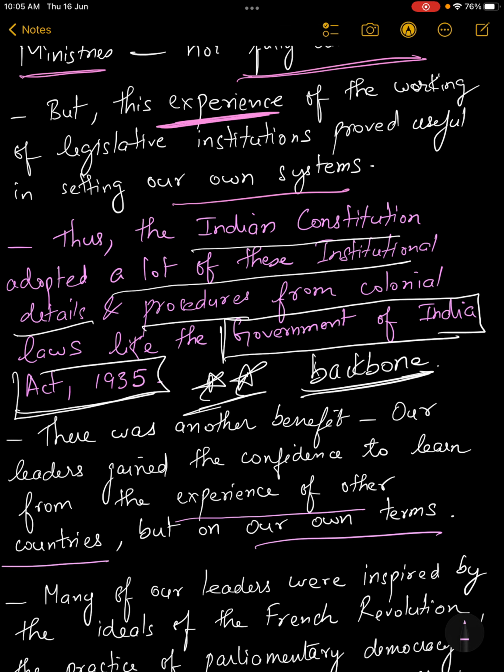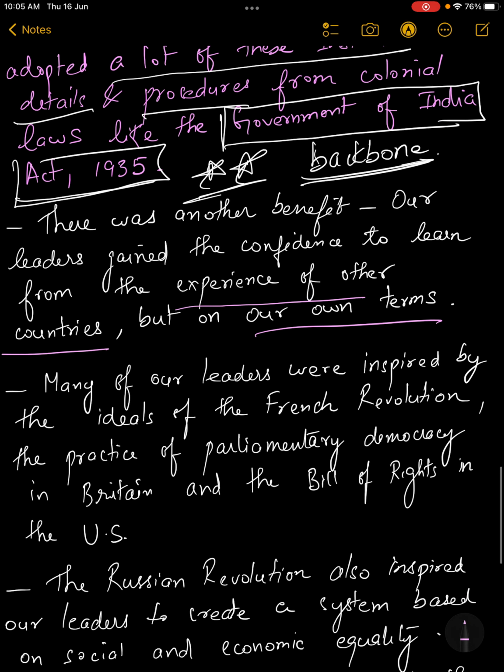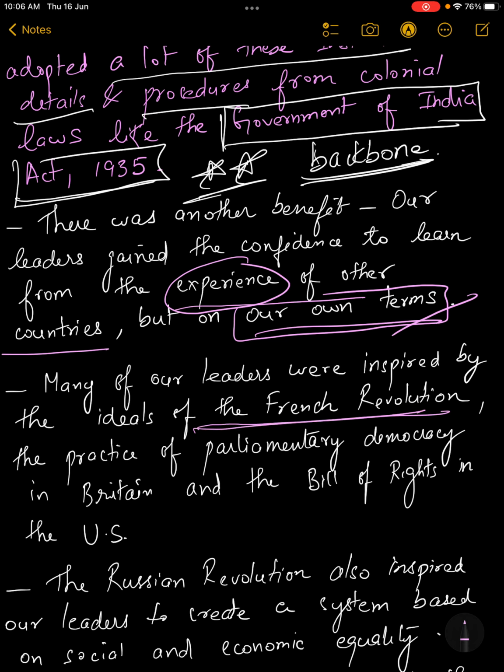but we have modified it based on my explanation. You can see there are a lot of things that have been borrowed, but we have learnt from the experience of other nations. We have seen what has worked for them. We have seen what has not worked for them, and we have borrowed them on our own terms. We have modified it to our context. ठीक है? तो मैंने एग्जाम्पल भी दिया है that many leaders were inspired by the ideas of the French Revolution, liberté, égalité, fraternité, right?